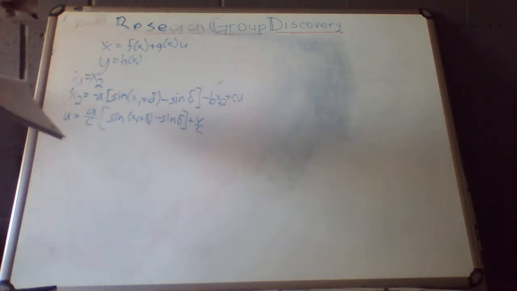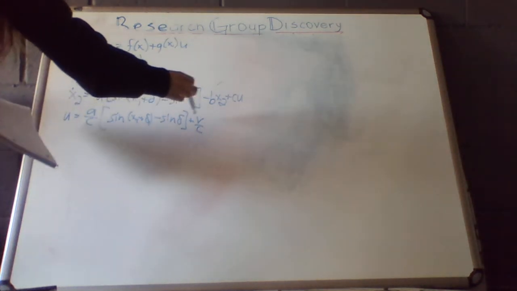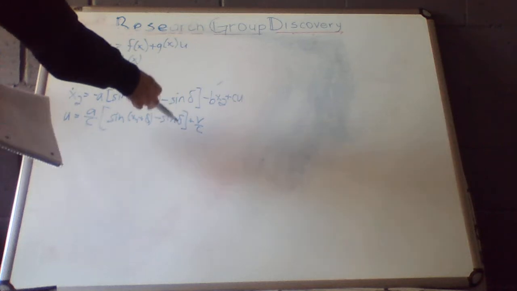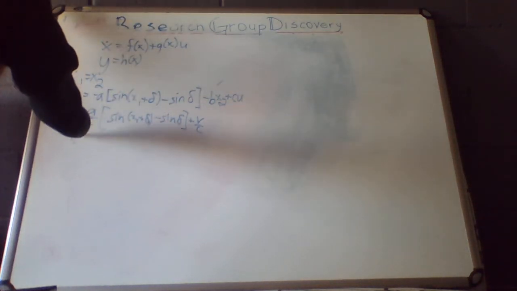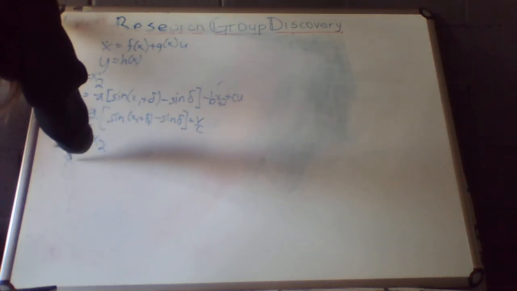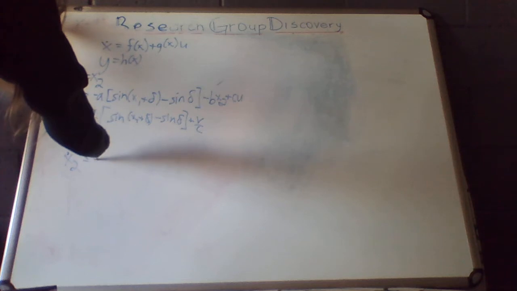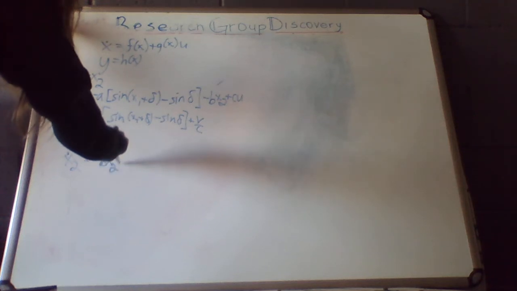So you might say, what's this v? It's the part that's going to get left. When you plug in this u, you're going to get back x1 dot equals x2, and x2 dot equals negative b x2 plus v.